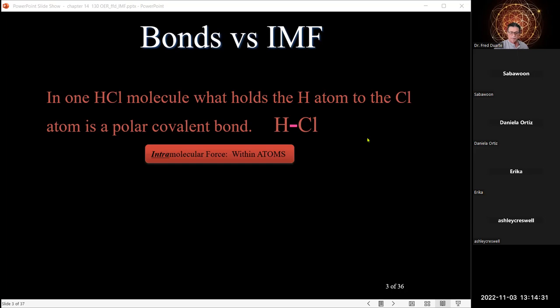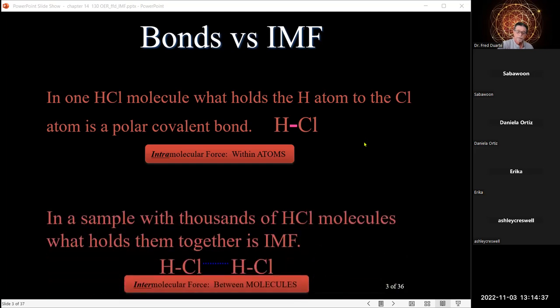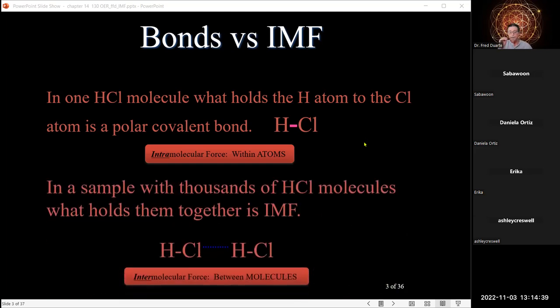Now let's take the example of the HCl molecule. The hydrogen chloride bond is a polar covalent bond. That is the intramolecular force of the molecule of hydrochloric acid, HCl.